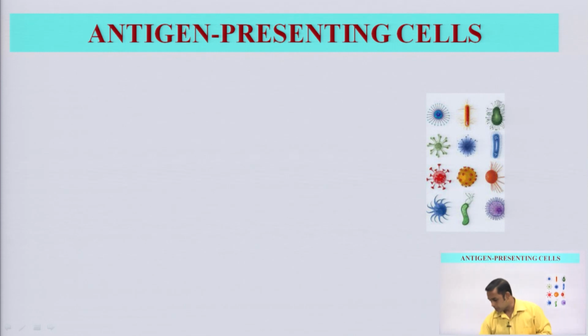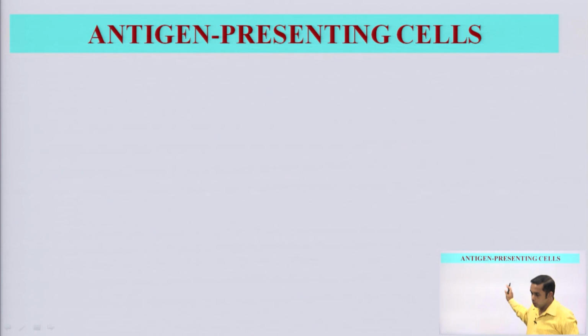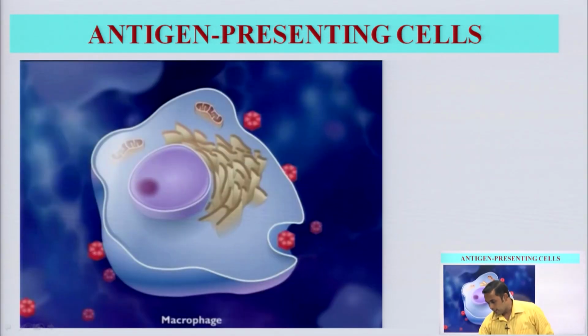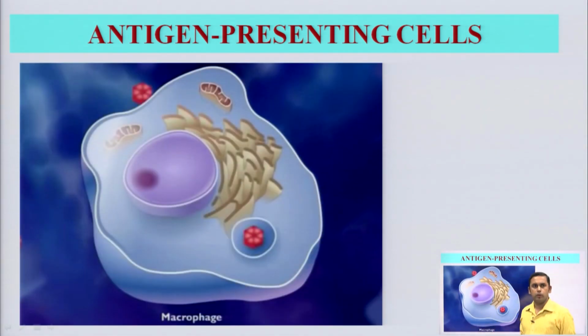So, these are your microbes or pathogens. For example, this is your cell. If any pathogen comes and sticks to your cells, what will happen? For example, a macrophage will engulf it and take the pathogen within its body like this.